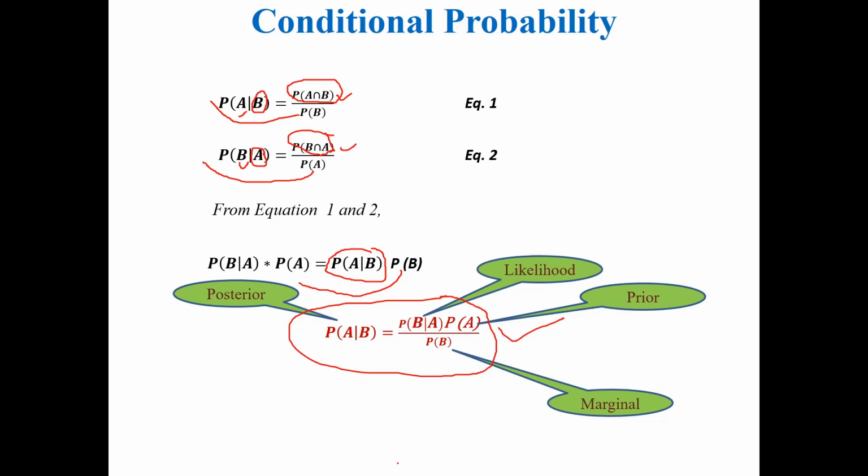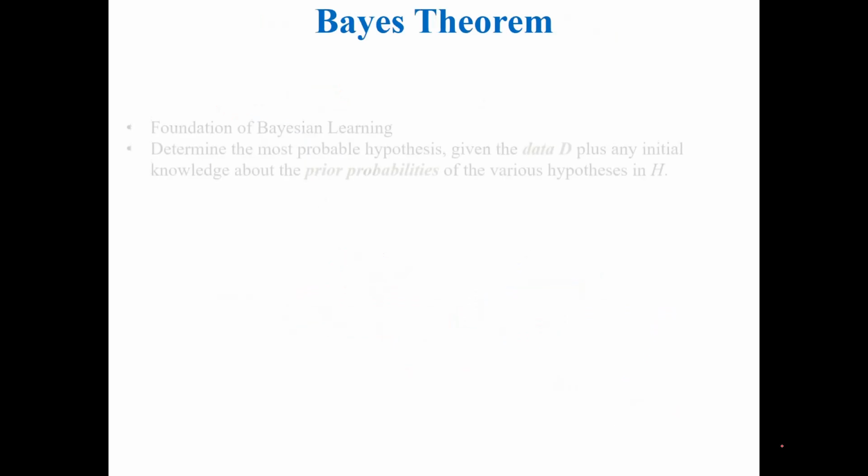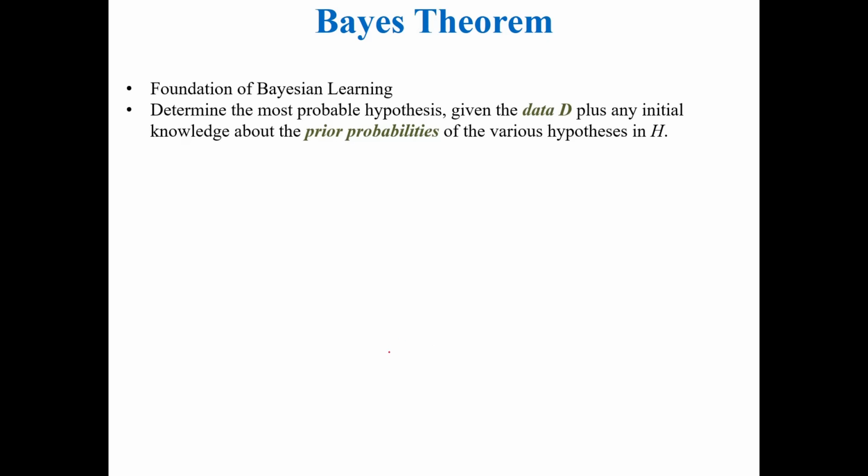So we find the posterior probability with the help of likelihood, prior probability and marginal probability. So what is Bayes theorem? Bayes theorem is the foundation of Bayesian learning. With the help of Bayes theorem, Bayesian learning is done.